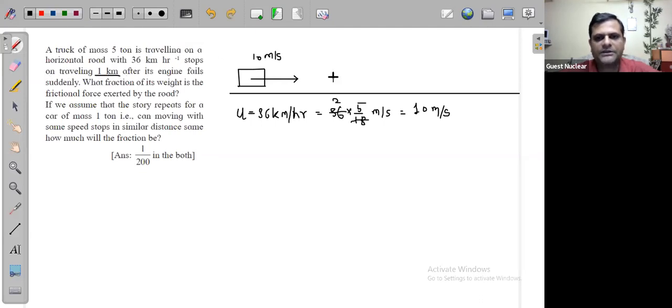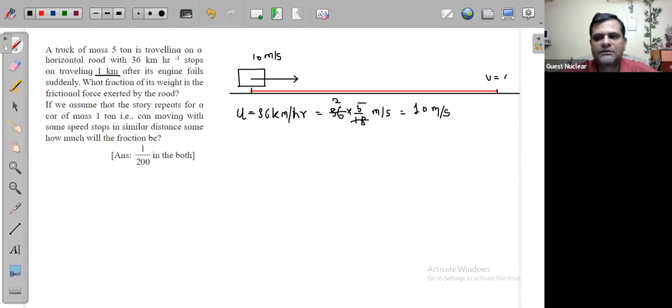ये दिया हुआ यहाँ पे, इसका मतलब ये जो डिस्टेंस है यहाँ से लेके यहाँ तक का जो डिस्टेंस जहाँ पे वो स्टॉप होता है, तो उधर तक का जो डिस्टेंस है वो डिस्टेंस हमको दे रखा है, it's 1 kilometer here. So this is the distance at which the truck just stops. और ट्रक अगर स्टॉप हो गया तो इसका मतलब उसका फाइनल वेलोसिटी कितना हो जाएगा?